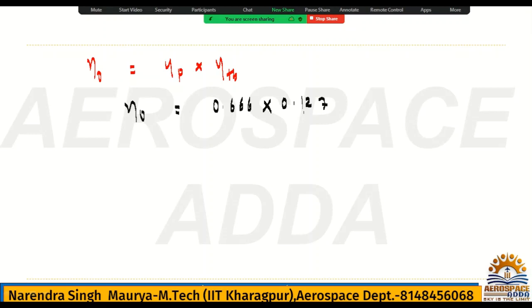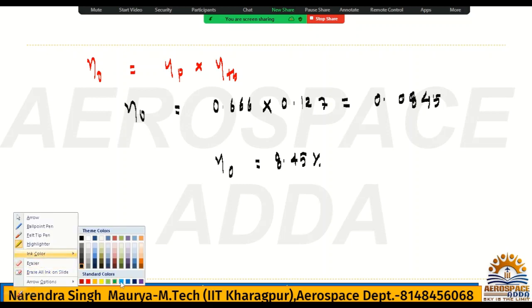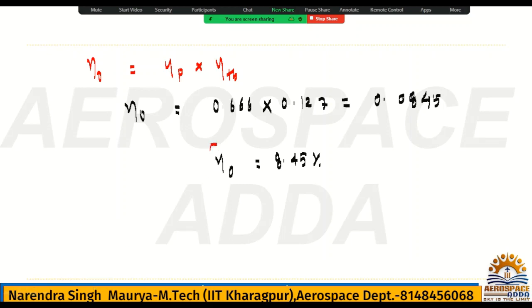It is 0.0845. So the overall efficiency, multiplied by 100, will give 8.45%. This is the overall efficiency.